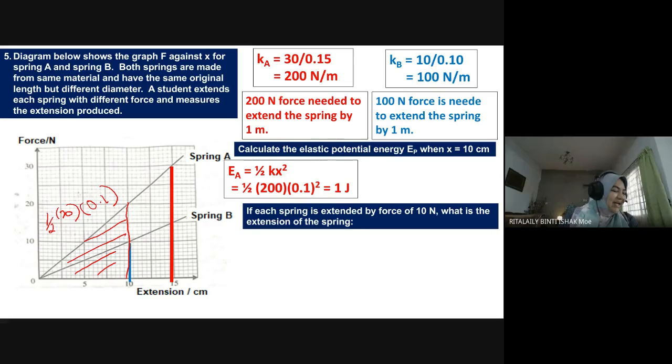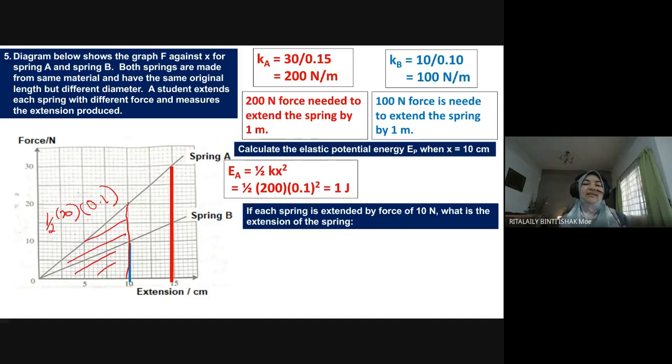Must it be in meter or cm? You can use both. You can either use cm or meter. However, it depends on your final answer. If your final answer uses the unit joule, it cannot be in cm. So that is a condition if you want to use joule in your final answer.